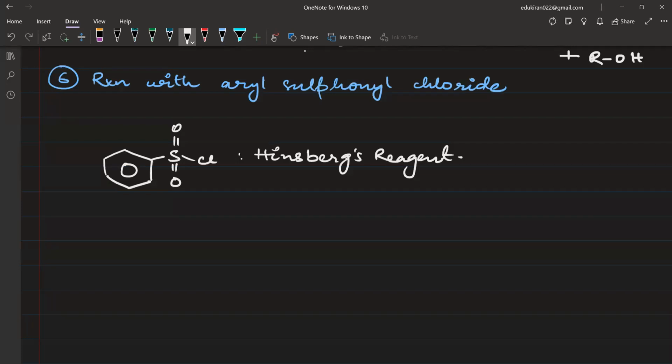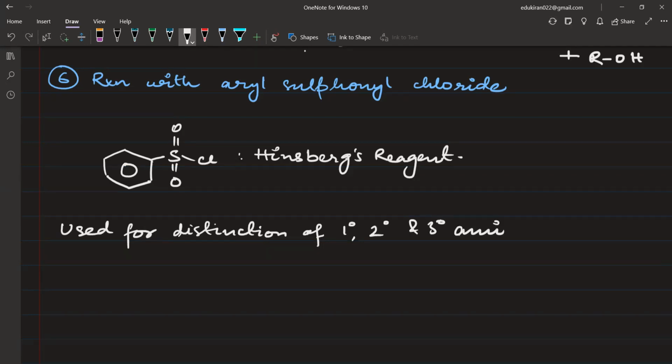Now, first of all, what happens? This is used for distinction of 1 degree, 2 degree, and 3 degree amines.